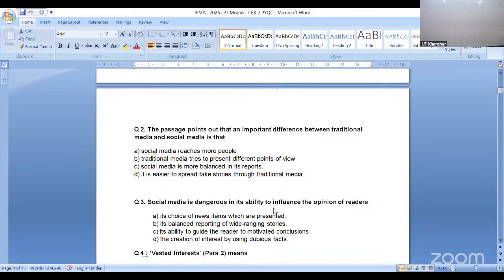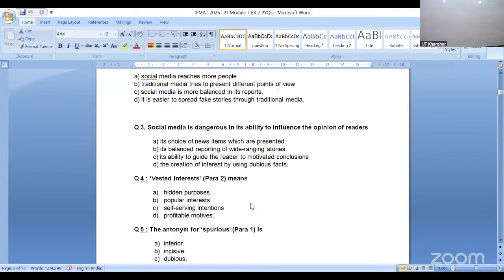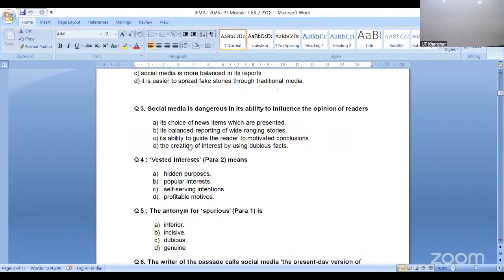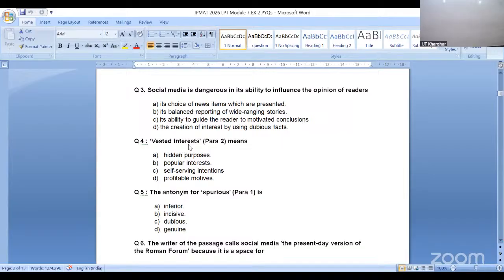Right? Okay, question number 3, I want your answers. Option A. Okay. Anybody else? Kathy, what's your answer? Yes, ma'am, option A. Riddhi, what's your answer?